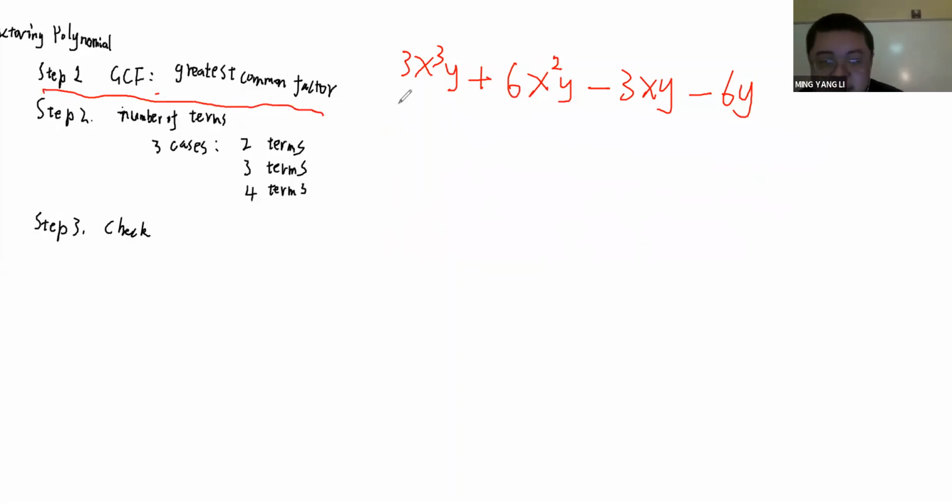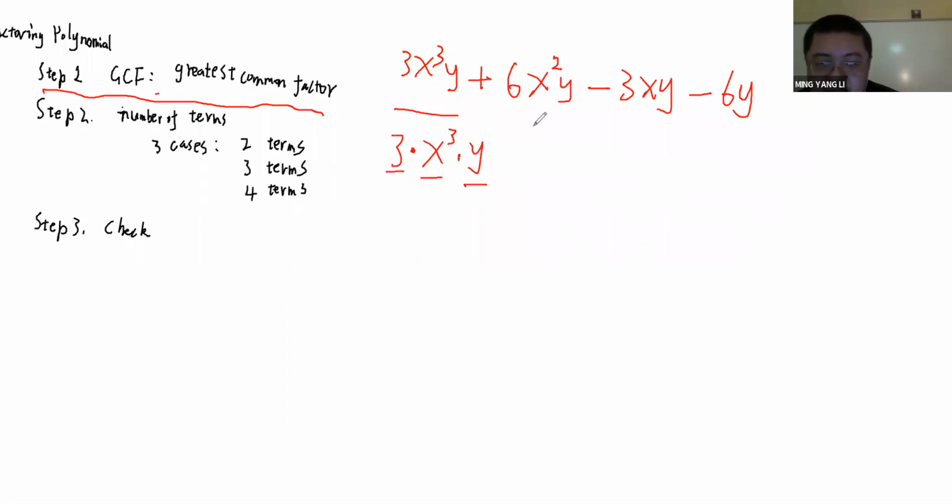The first one is 3 times x cubed times y: the number part, the first variable to some degree, and the second variable to degree 1.